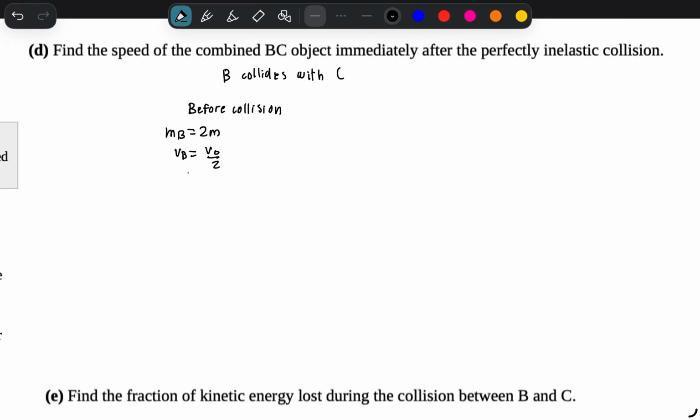And we know that also cart C was equal to 3m, and it was initially at rest. So then we know that after we have that stick, the perfectly inelastic collision, we have a combined mass now. We have MB plus MC, which is 2m plus 3m, which is 5m. And then VBC is going to be our final speed.